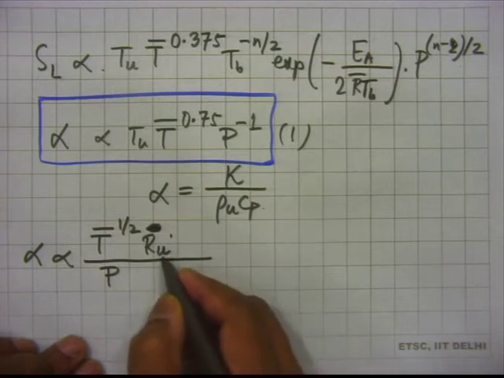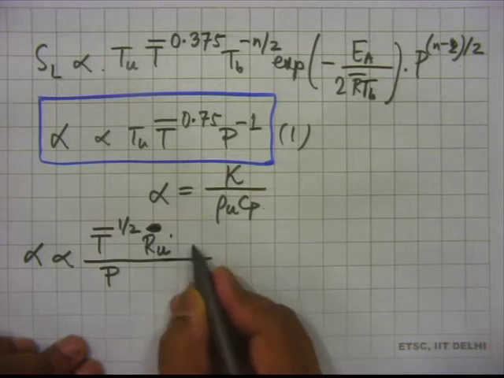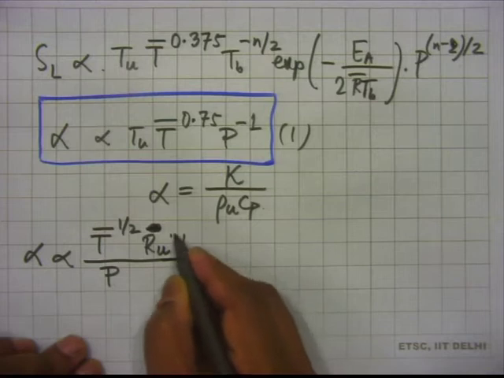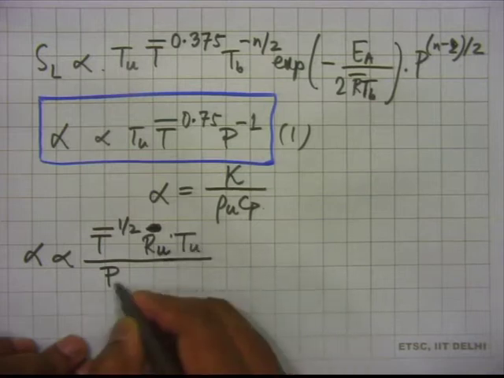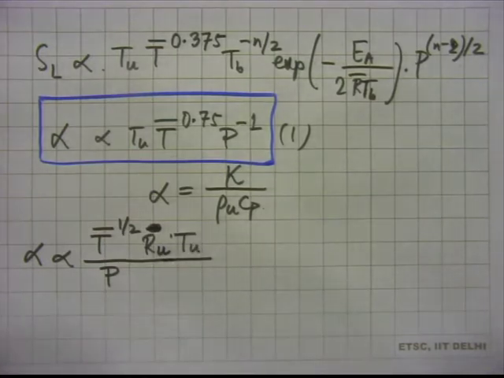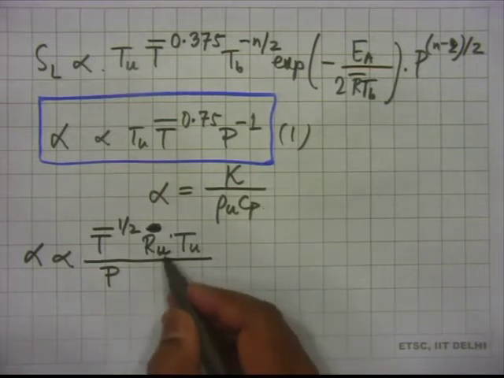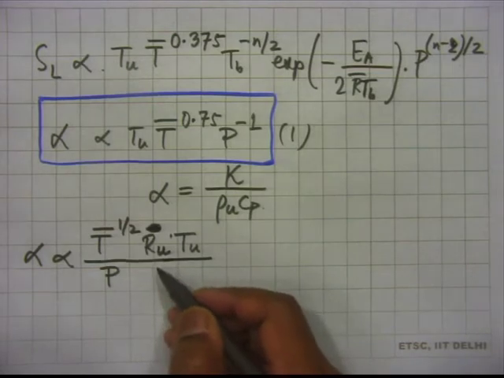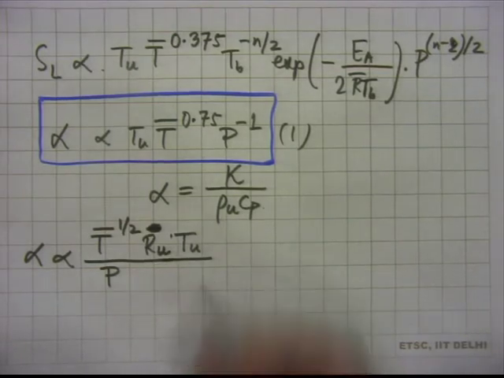U is not universal, U is unburned, okay, we have to remember that. P divided by R u Tu, that we can write for rho u, okay, ideal gas, because P equal to rho R T, where R is a characteristic gas constant. So, R u is the characteristic gas constant for unburned gas. So, this should be okay.